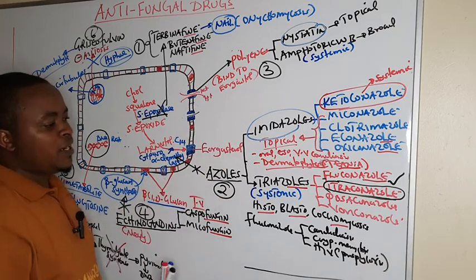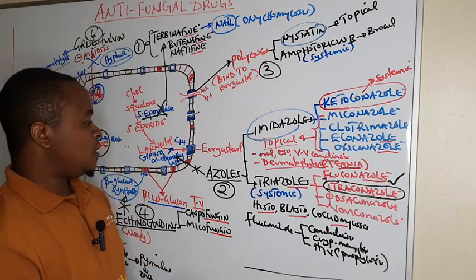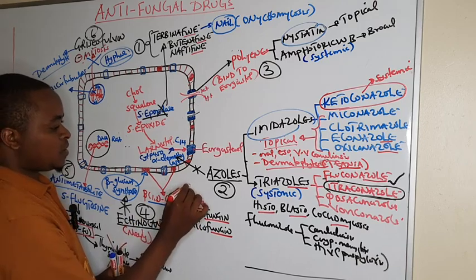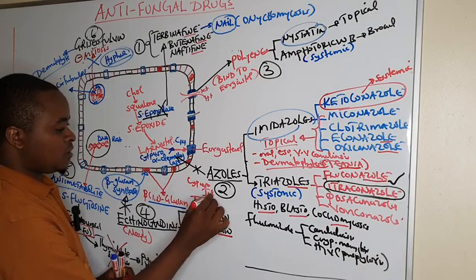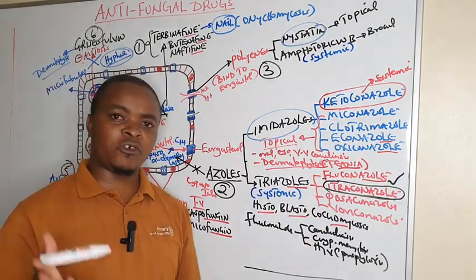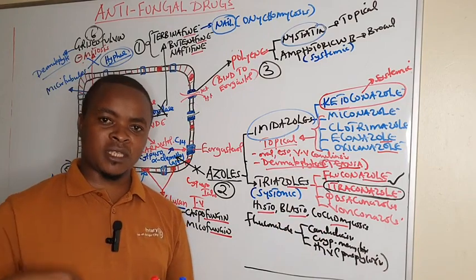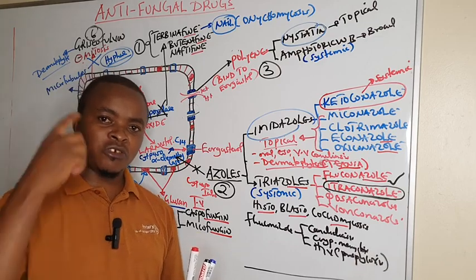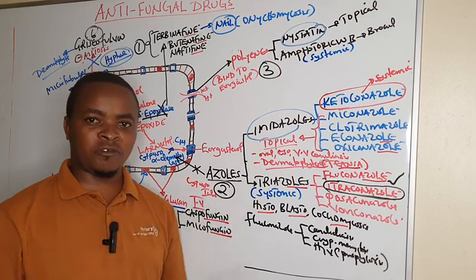And their major side effect of azoles is that they are cytochrome P450 inhibitors. So if you take these drugs with warfarin, because they are inhibiting cytochrome P450 enzymes in the liver, they are going to cause that drug to increase in concentration, like warfarin, leading to excessive bleeding.